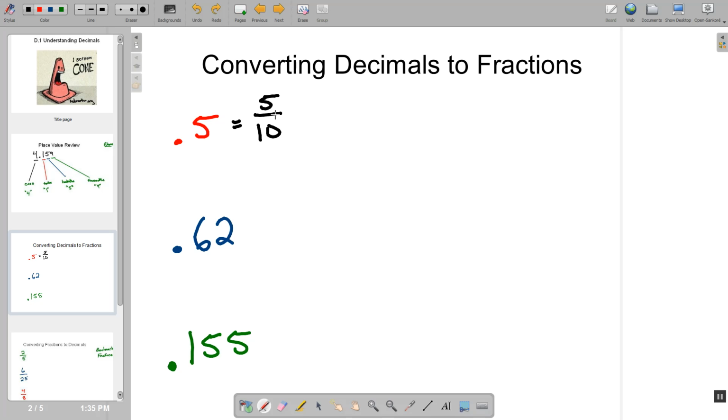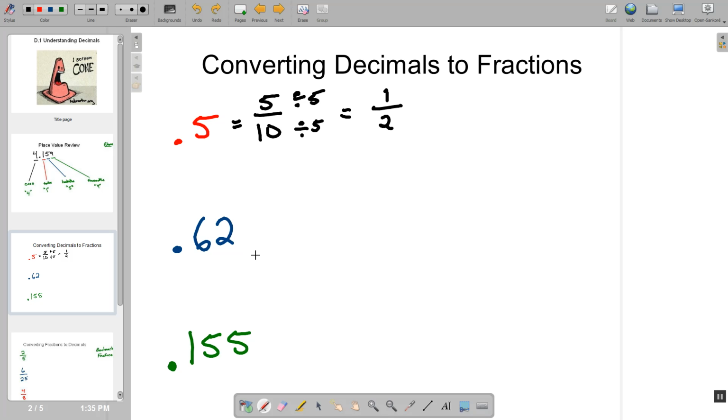Now, since we've done fractions already this year, we want to convert this fraction into simplest form. So we're going to divide the numerator and denominator by the number 5 to create 1/2. So that means that the decimal 5 tenths is the same thing as the fraction 5/10, which is the same thing as the fraction 1/2. They're all equal.